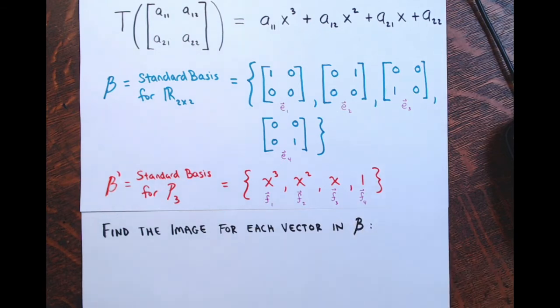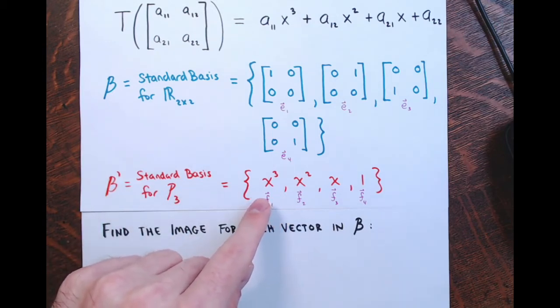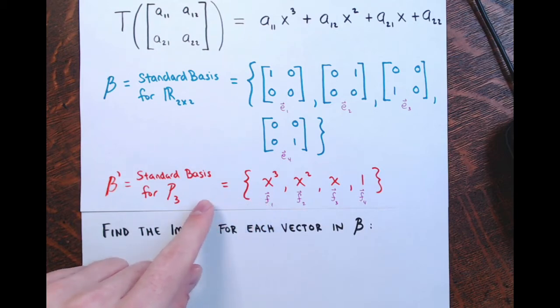Alright, so I'm going to start off doing that, and then when I get my output, my image, I'm going to translate it to its coordinate vector relative to basis B prime.